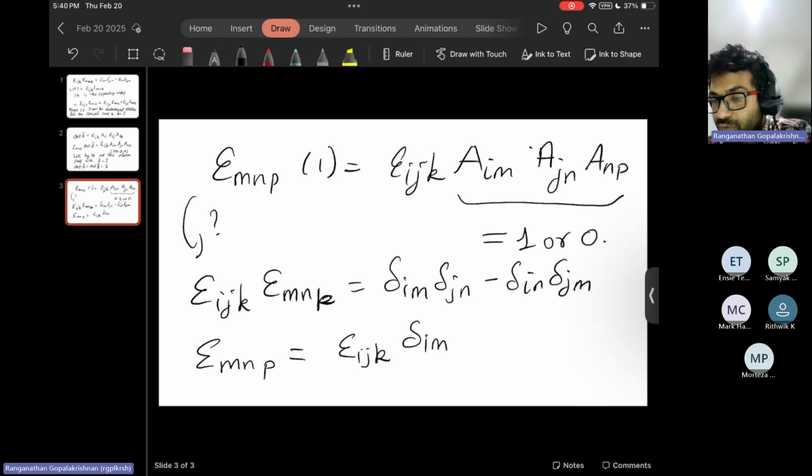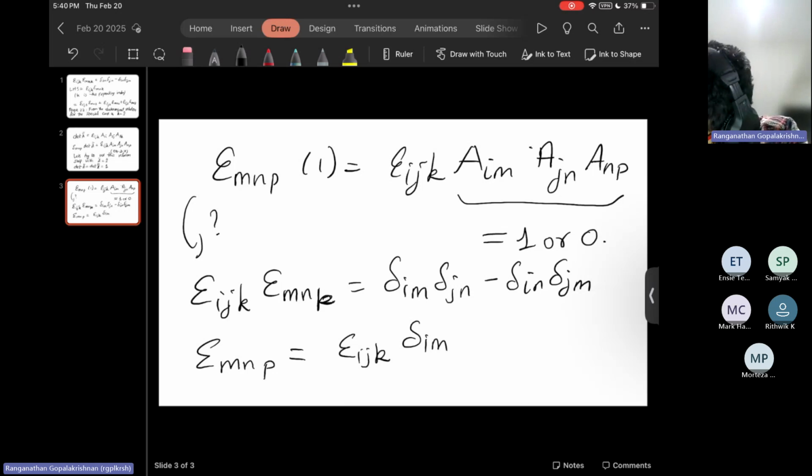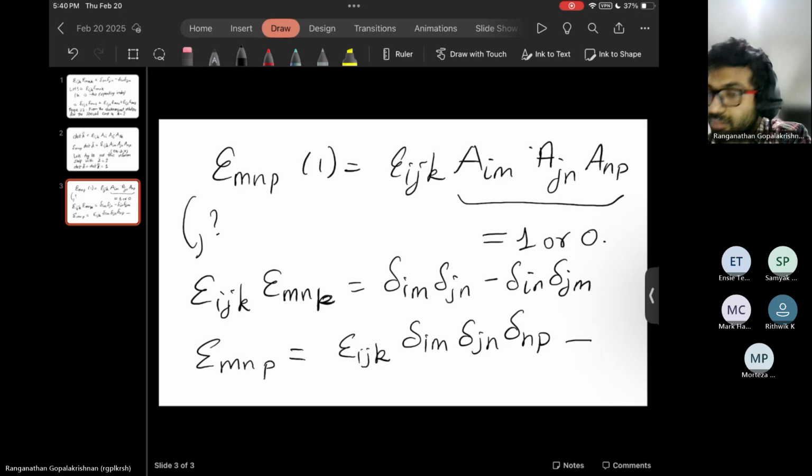Otherwise, it's going to take the value 0. So I can replace aim with delta im, ajn with delta jn, and anp with delta np. Can I do this? Yes, no? Do you agree with this step? I guess so. So that's why we did the identity matrix, for the simplification.